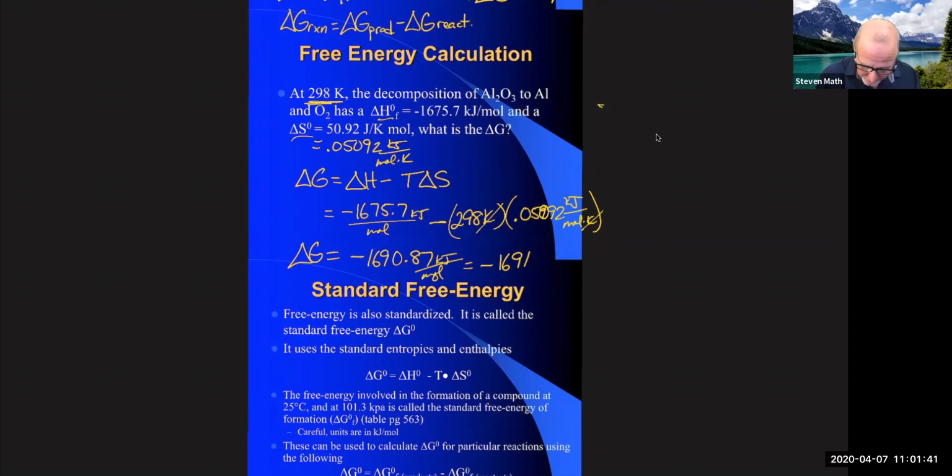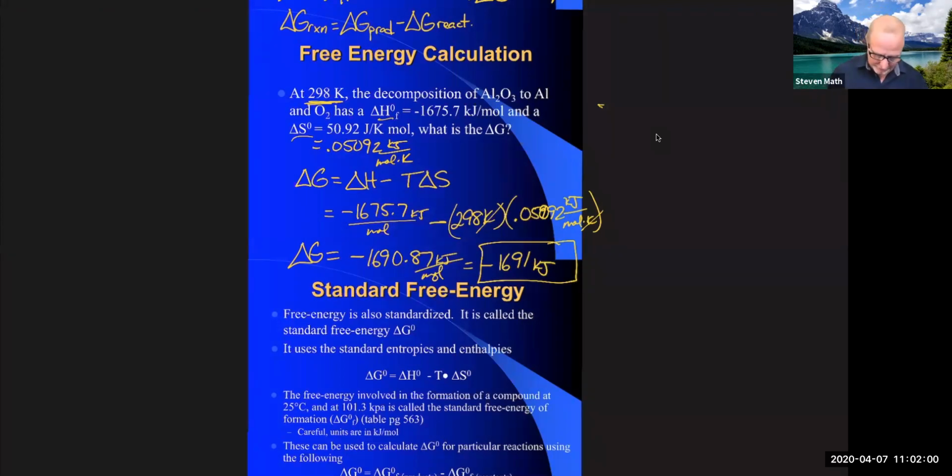So negative 1691 kilojoules. Negative delta G, spontaneous reaction. This is going to occur as written at that temperature. So that's my delta G equals delta H minus T delta S.